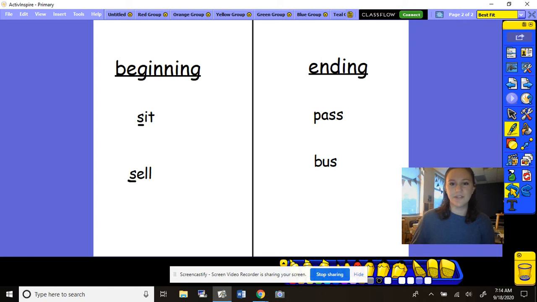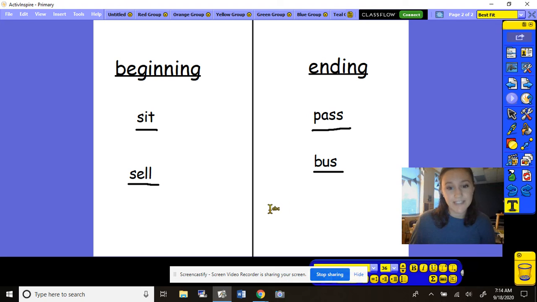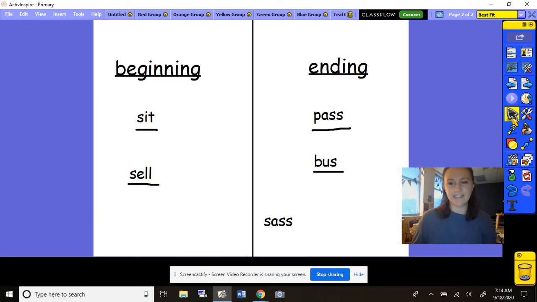So we're going to read those words together. The words with the S at the beginning and the words with the S at the end. Sit, sell, pass, bus. Sometimes S can come at the beginning and at the end, like sass.